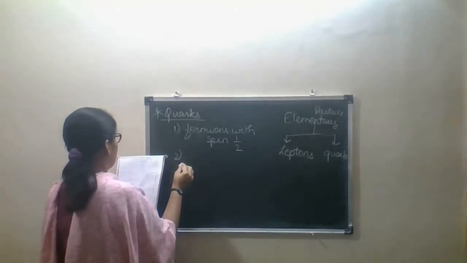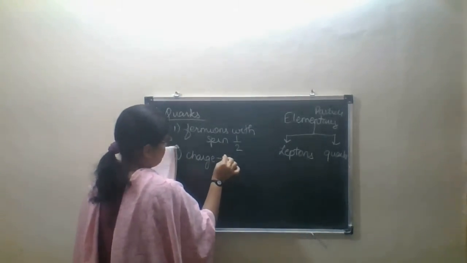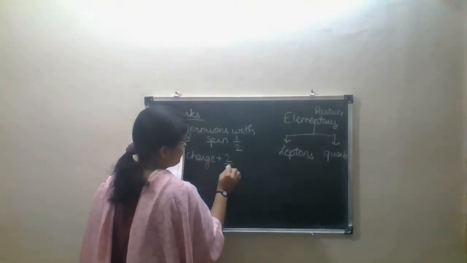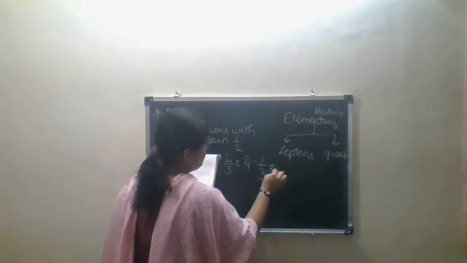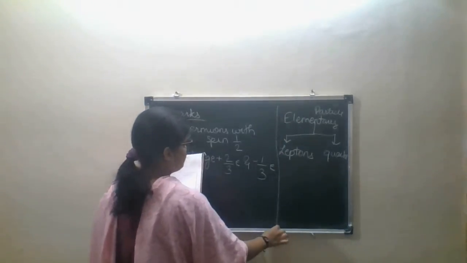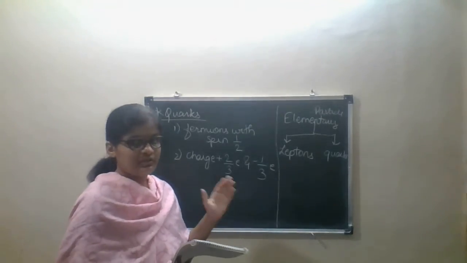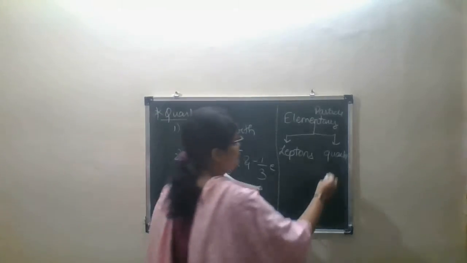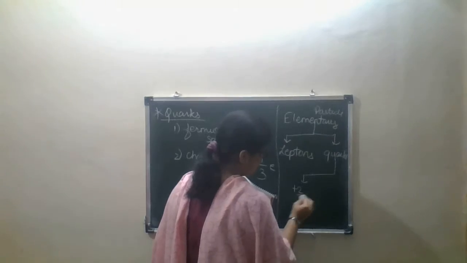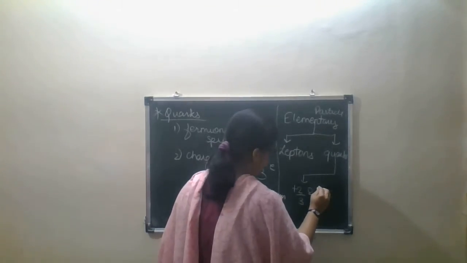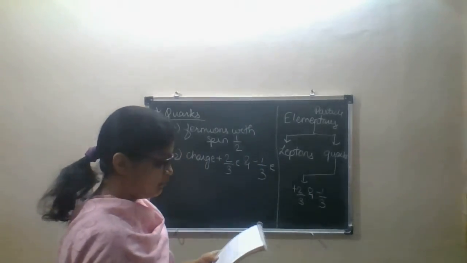Next thing, the charge: plus 2 by 3 e and minus 1 by 3 e. So quarks have charges of plus 2 by 3 and minus 1 by 3.